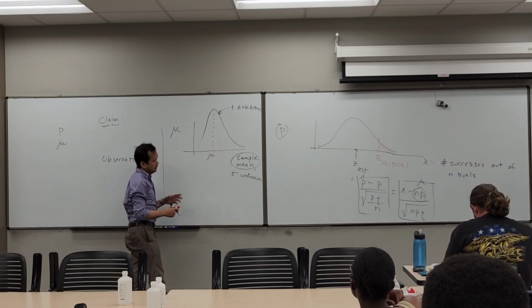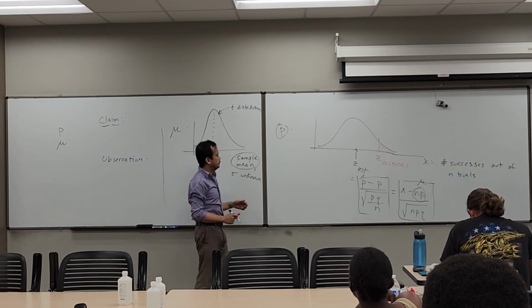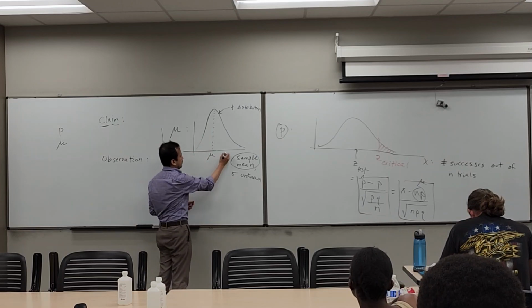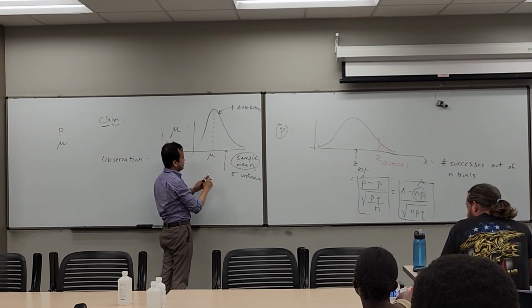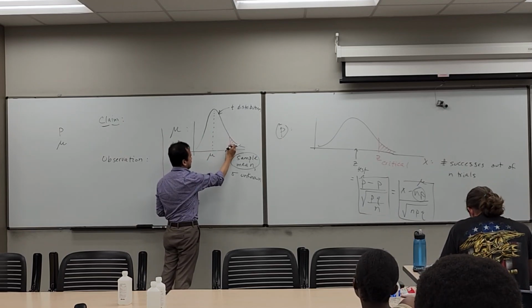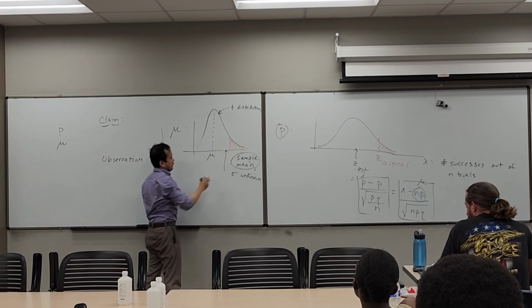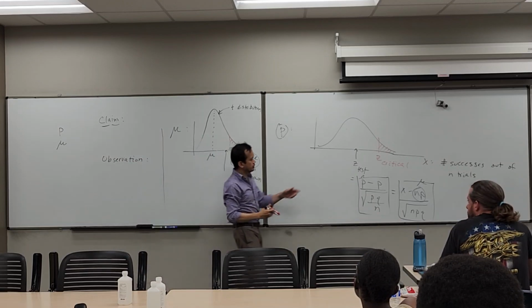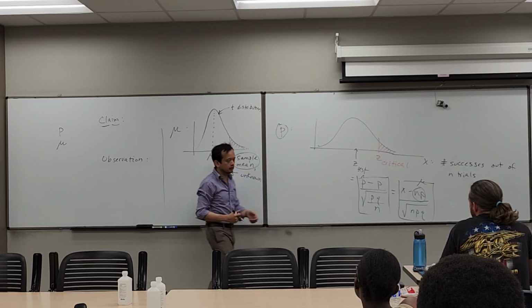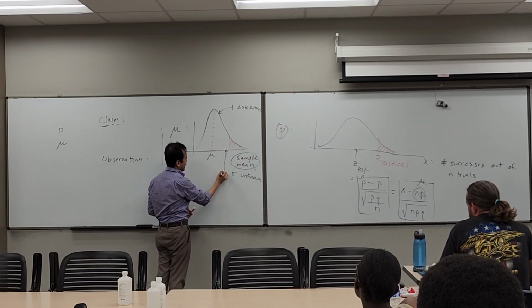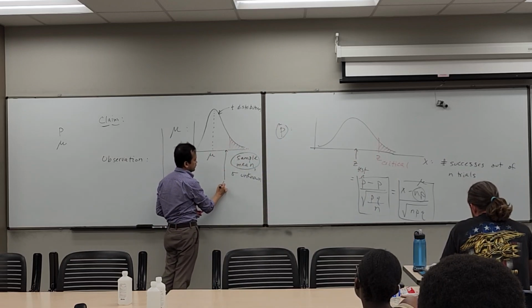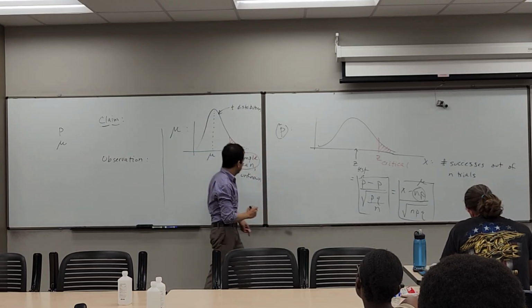And then the only other difference is when you're deciding whether an observation is in the body or the tail, instead of comparing z-score to z-score, you would compare t-score to t-score. So the observation will have its own t-score. Instead of z-test, it's called t-test.